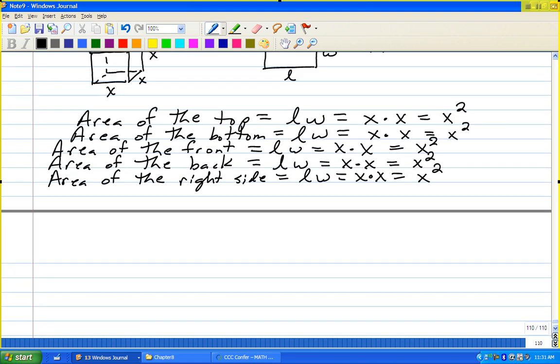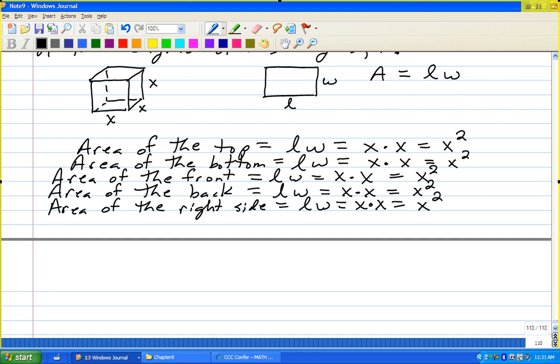And lastly, the area of the left side, length times width. Again, it's a square, and so the area of this is just x squared.